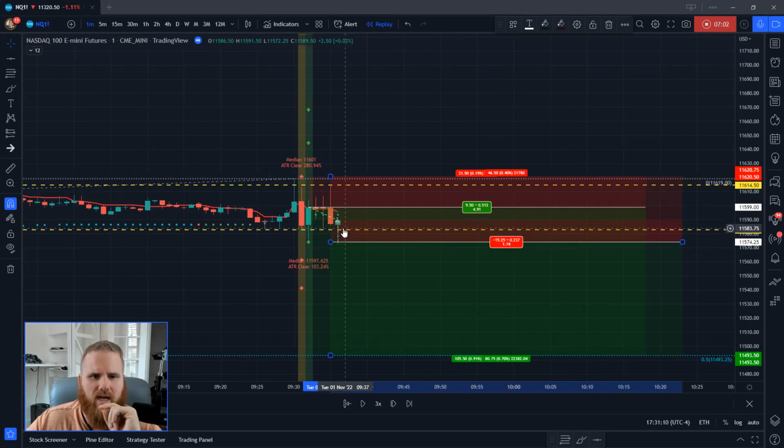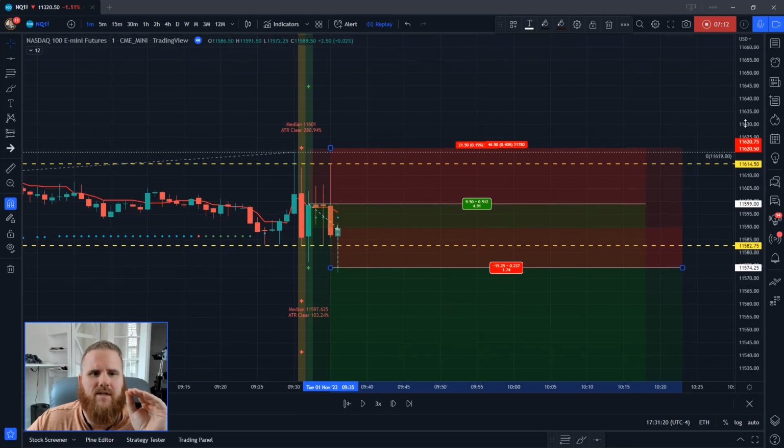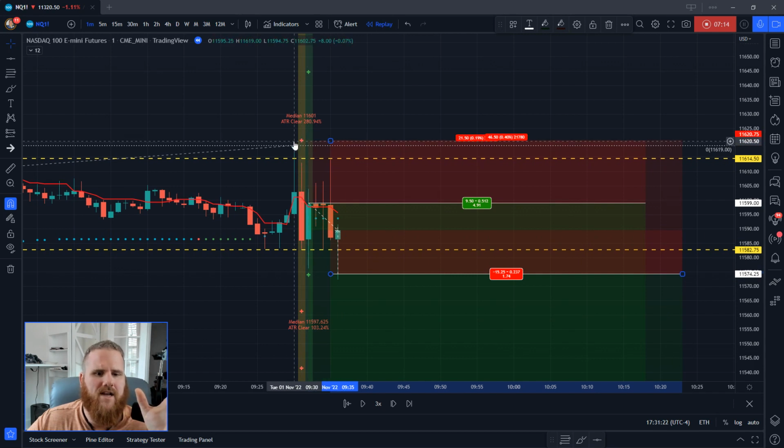Initially at about 9:36, it triggered, it broke this low, and then it looked like another fake out. That's okay. We know where our stop needs to be. Our stop needs to be above that 9:30 high. We're good as long as it doesn't breach that high.